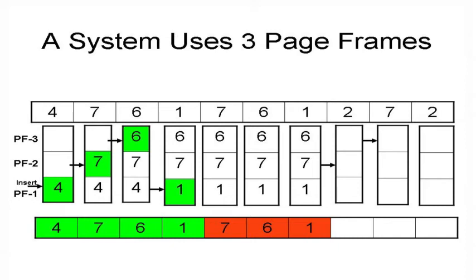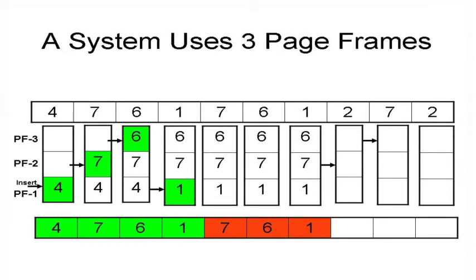Then what mechanism can we use to replace one? The mechanism we can use here is to check on the right side which reference number will come out last. Here we have 6, 7 and 1.